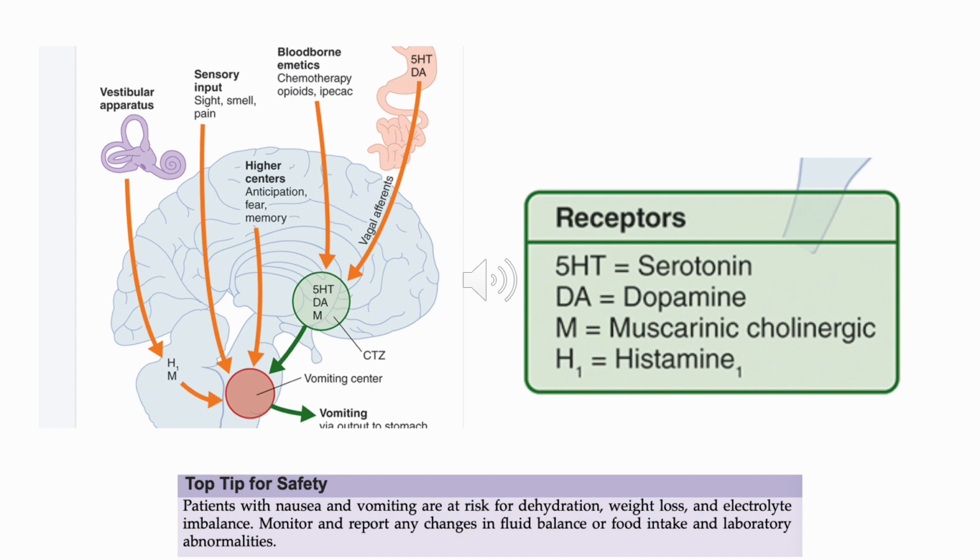Most work in the brain, stomach, and intestinal tract to change the sensation of nausea and to reduce the stomach contractions that make vomiting occur.